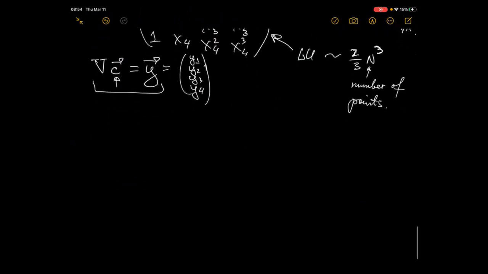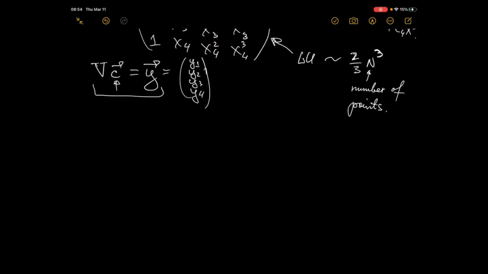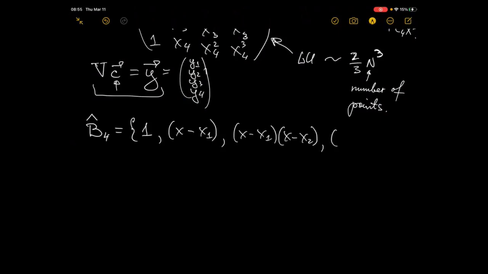Let me consider P4 hat, which will look like that: 1, x minus x1, x minus x1 times x minus x2, x minus x1 times x minus x2 times x minus x3, a basis like that.